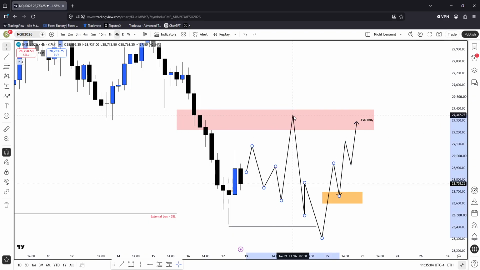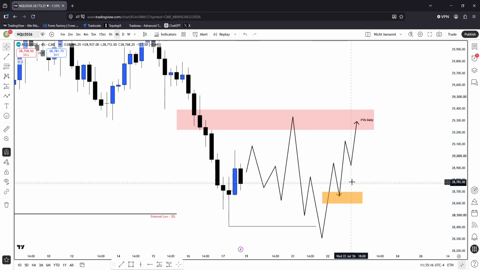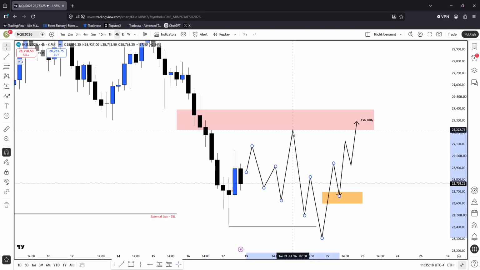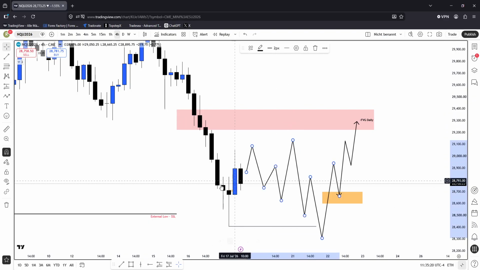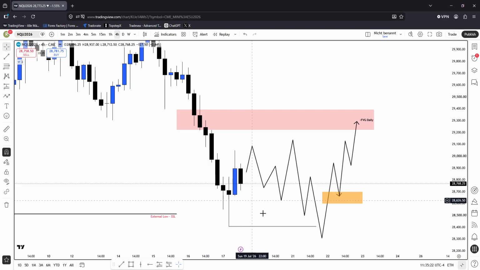If we already tap this fair value gap, then this displacement wouldn't be zero probability, but it would be lower probability. So I want to see us not tap this one, form some form of AMD in the lower time frames, which then ignites an internal market maker buy model back inside the fair value gap here.